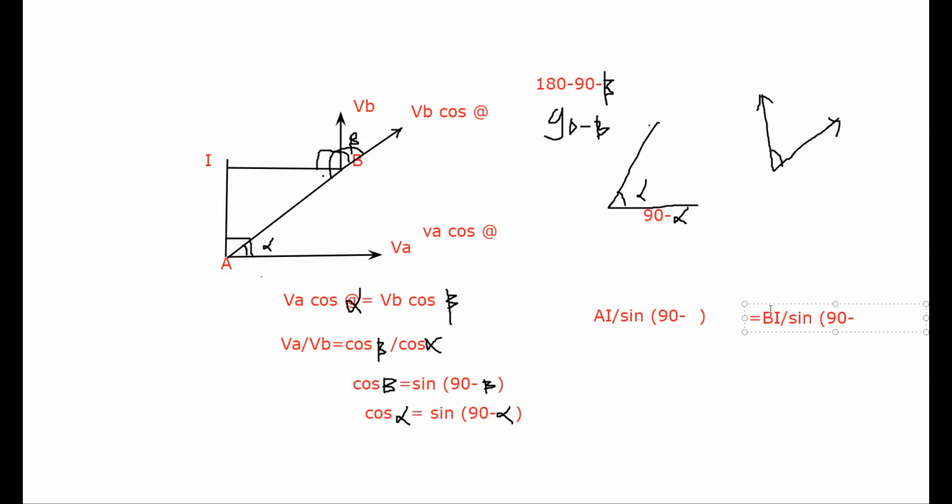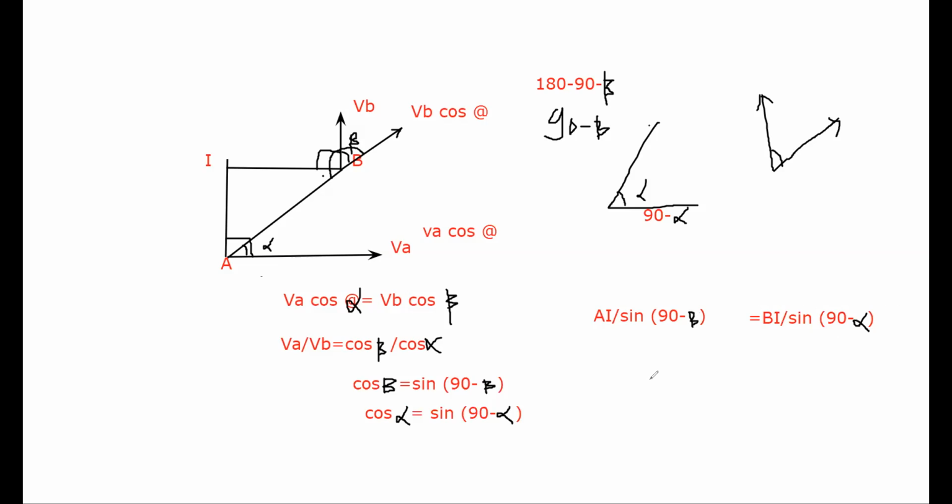So you can see here, this point will be my alpha, and this is my beta. So by these points I can write AI by BI is equal to these things.